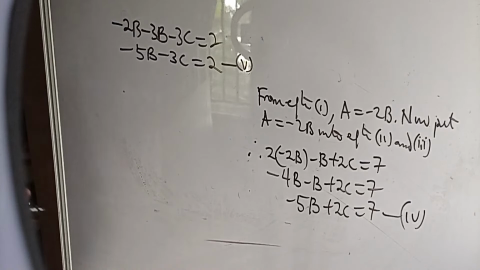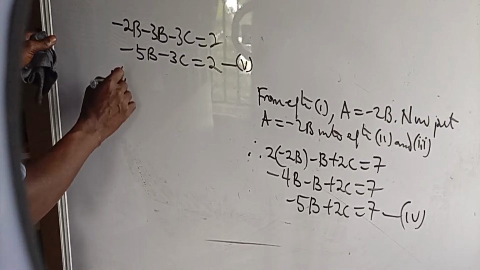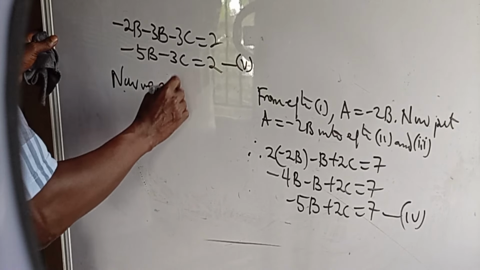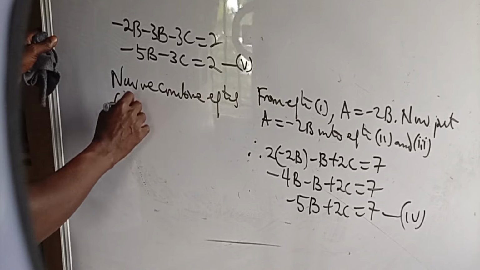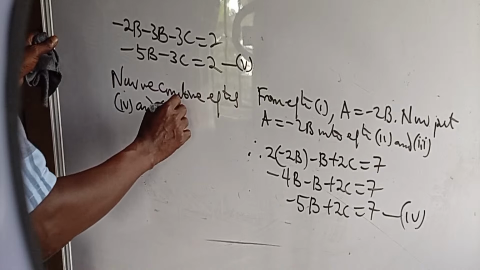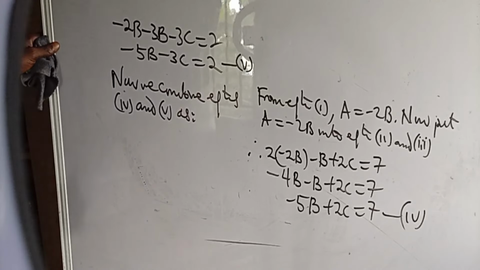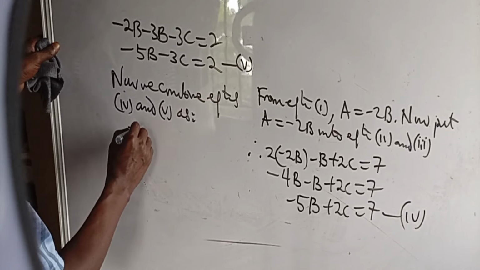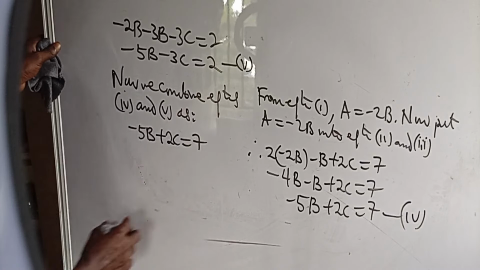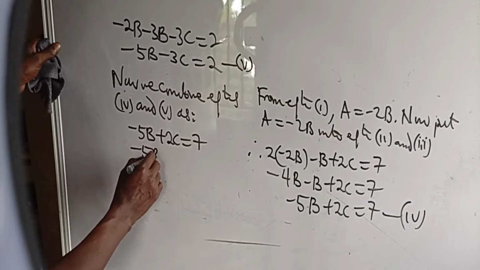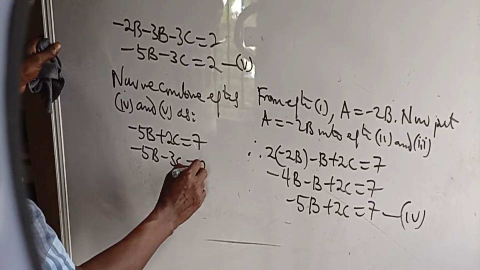So we now combine equations 4 and 5. Equation 4 is minus 5b plus 2c equals 7. Equation 5 is minus 5b minus 3c equals 2.